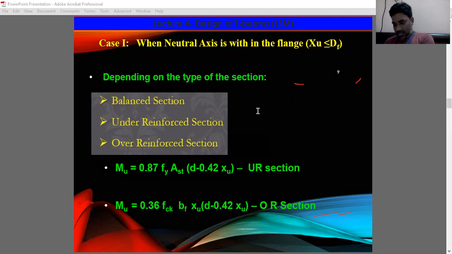As per the codal provision, xu max, the limiting depth of neutral axis, is given in clause number 39.1. You can open and see 39.1.